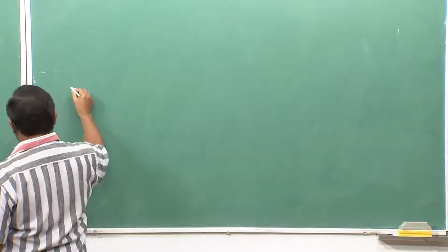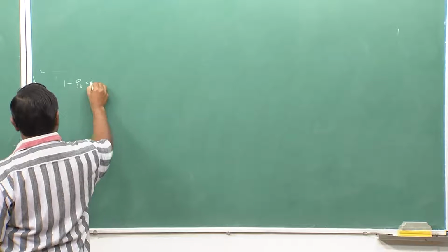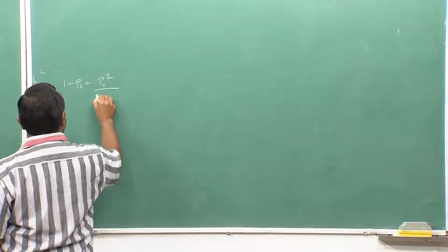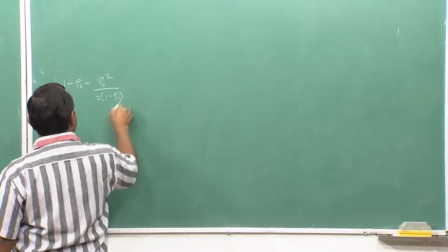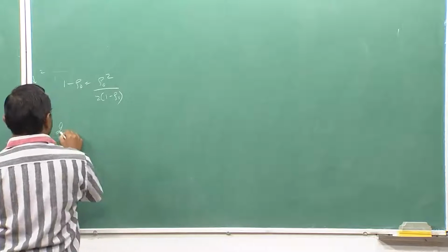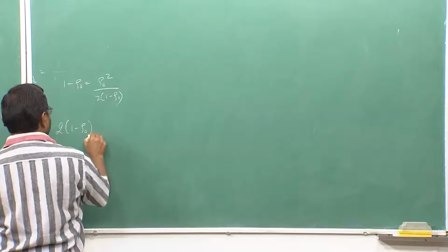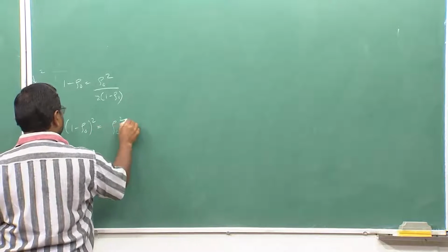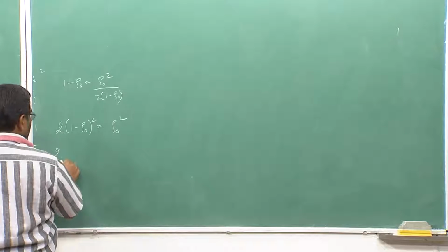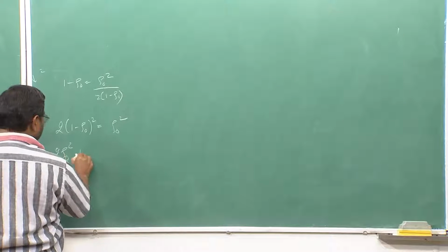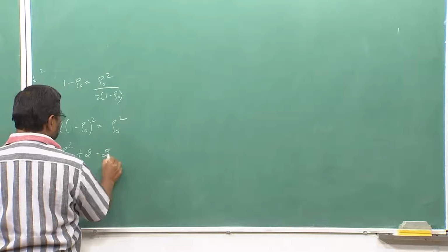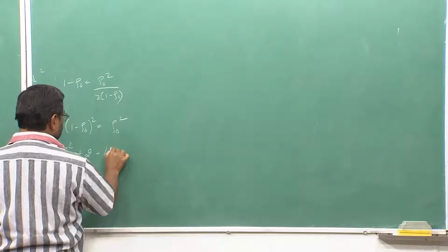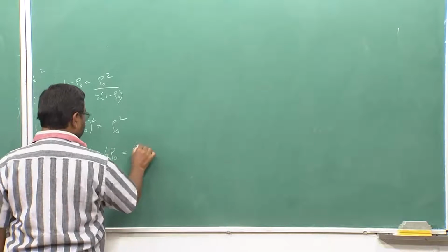So this value, once we estimate, I can just use this: 1 minus rho naught is equal to rho naught square by 2 into 1 minus rho naught, so 2 rho naught square plus 2 minus 4 rho naught. So this is what the expression will be.